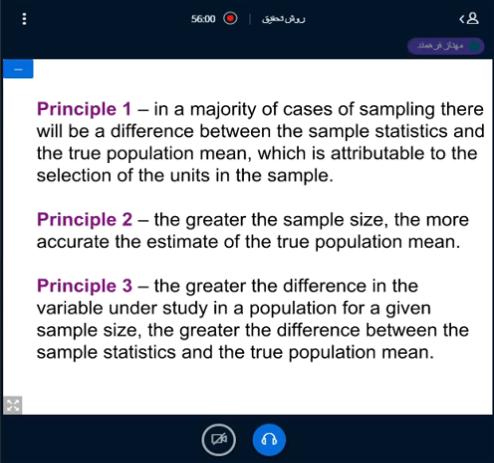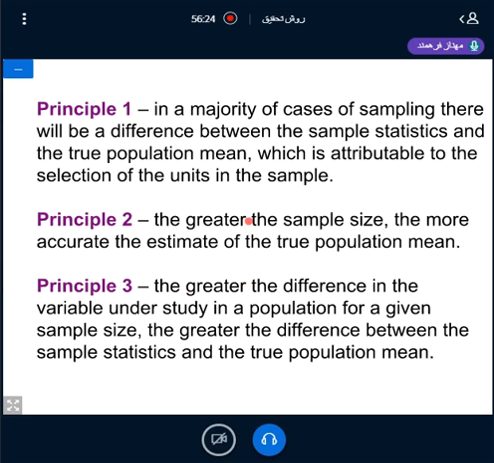Okay. The sampling collection has three principles. One, in a majority of cases of sampling, there will be a difference between the sample statistics and the true population mean, which is attributable to the selection of the units in the sample.